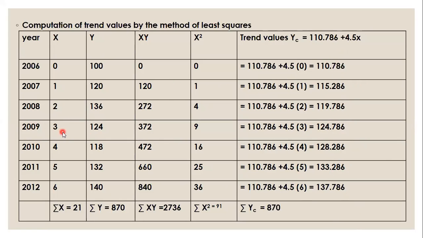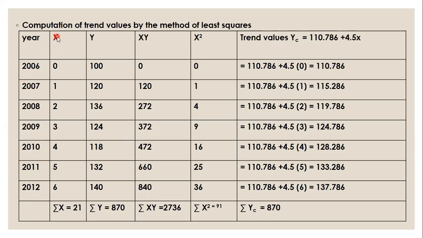Next, the total of y values is 870, and the total of the trend values you will also get as 870. Now when you're plotting the graph for this problem, you will consider the years 2006 to 2012, and then you will consider the y values.